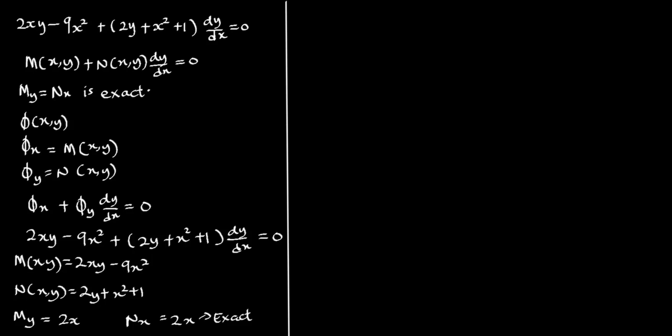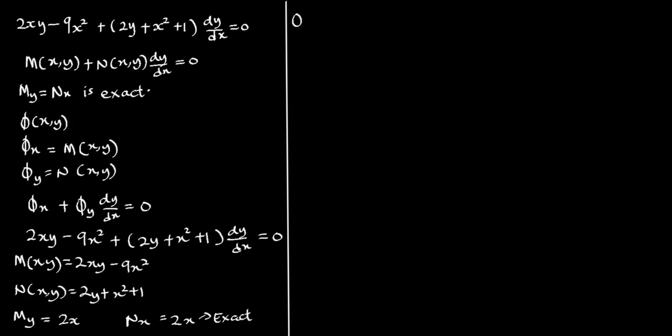To find this function, all you have to do is to integrate either M(x,y) with respect to x, or integrate N(x,y) with respect to y. You have to choose one, depending on the one that will be easier for you. In this case, they are both easy, so I'm going to go with M(x,y).